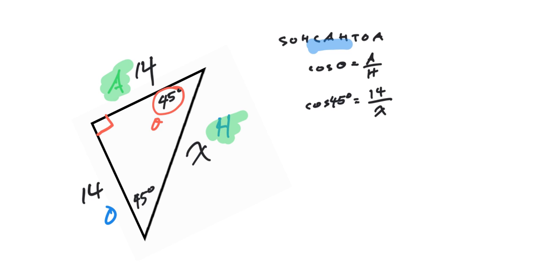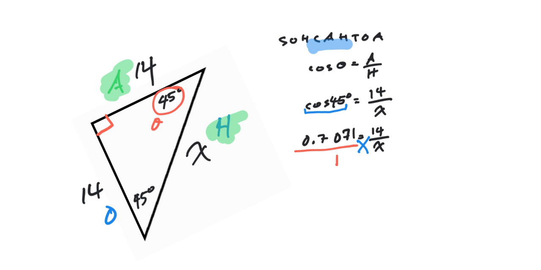So now we're going to take a look at this ratio and we're going to change it into a decimal. You change it into a decimal and you get 0.7071 is equal to 14 over x. Now we're going to change this into a fraction. Then we're going to do Wakanda forever. We're going to cross multiply.